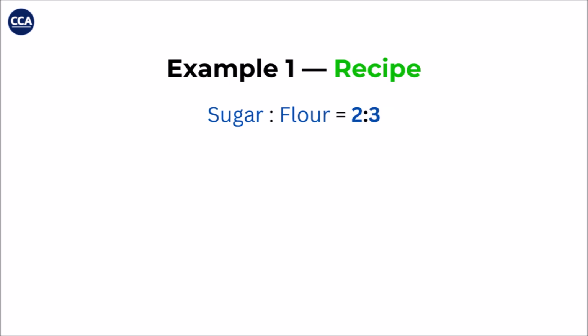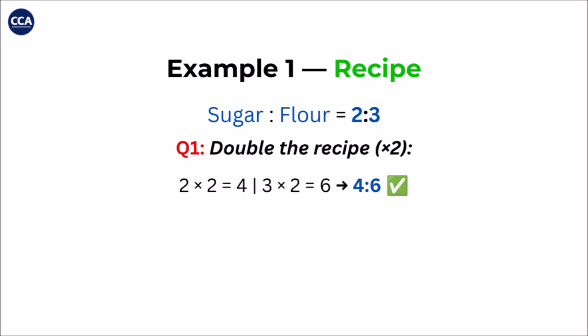Let's go back to our opening recipe. Sugar to flour ratio is 2:3. Question 1. Double the recipe. Multiply both by 2. 2 times 2 equals 4. 3 times 2 equals 6. New ratio, 4:6. You need 4 cups of sugar and 6 cups of flour.